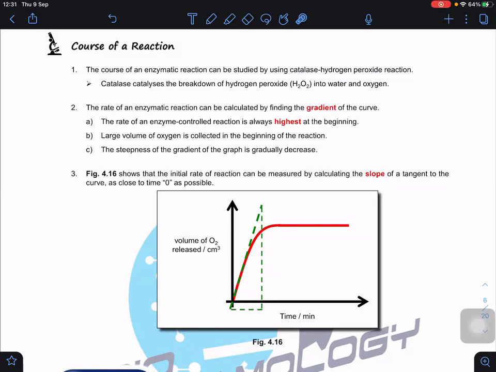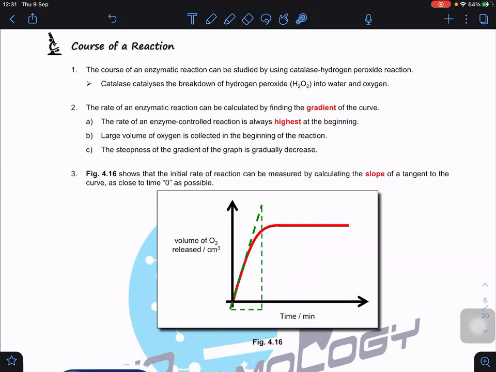This is a little bit confusing because when you look at the curve, we have different regions of the curve, and different regions will give us different values of the gradient.